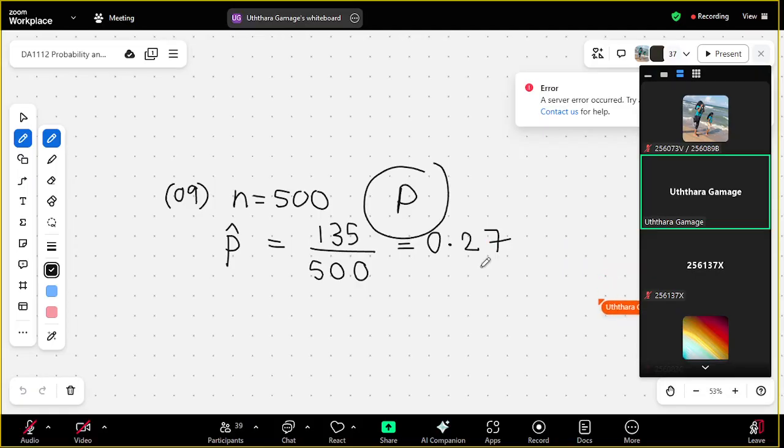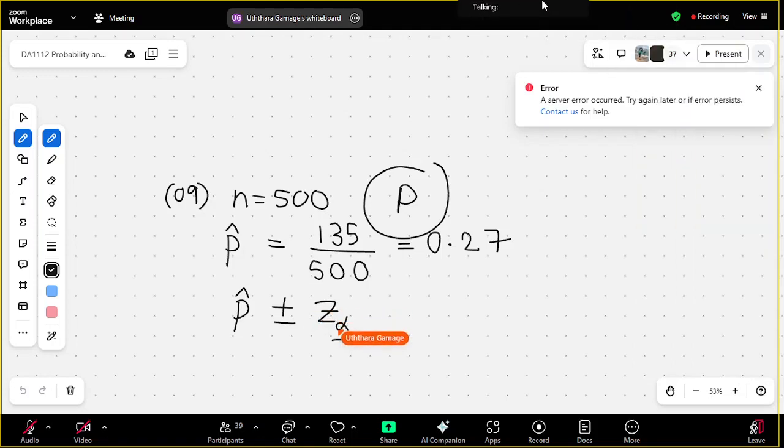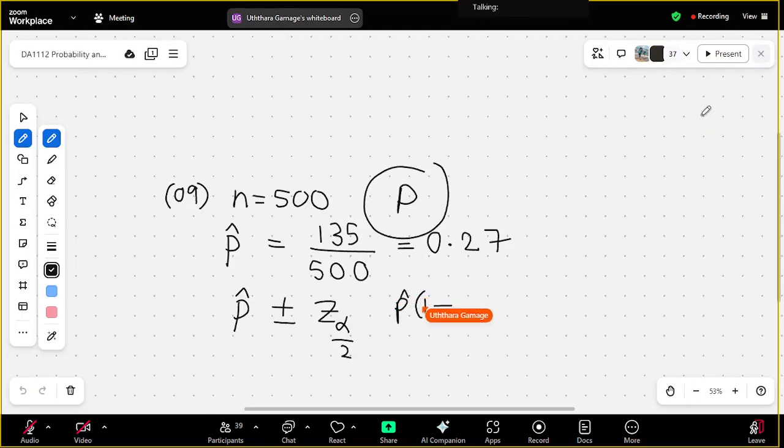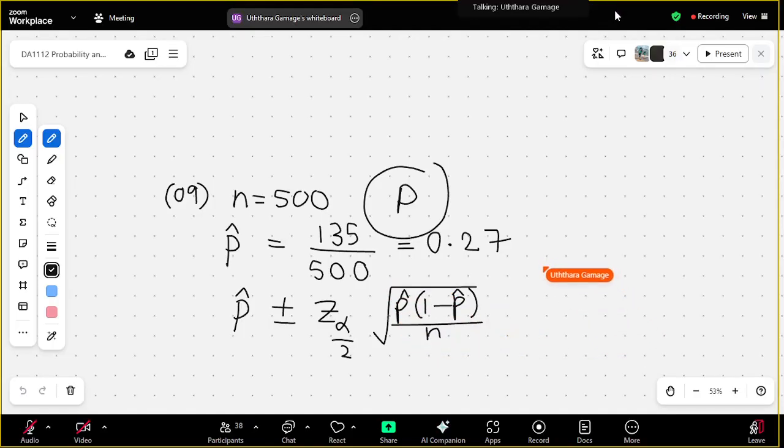Right. So in question number 9, these are the data that we have to deal with. And this is the formula we have to use: P hat times 1 minus P hat divided by N. So what's the alpha here?